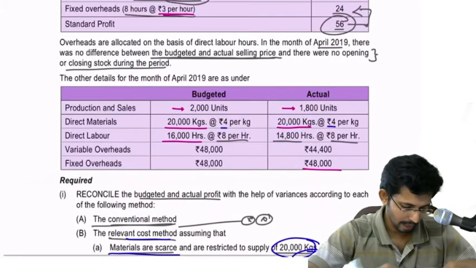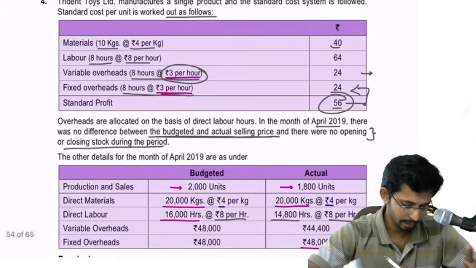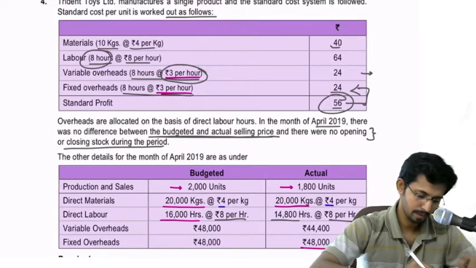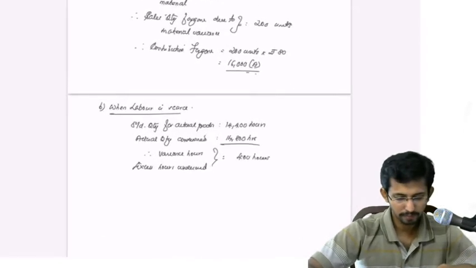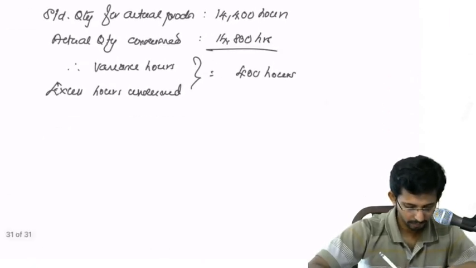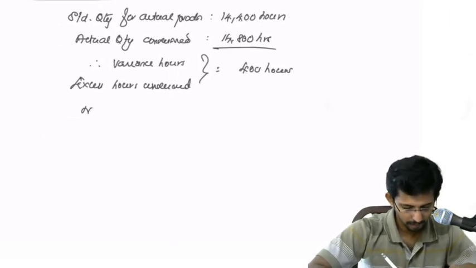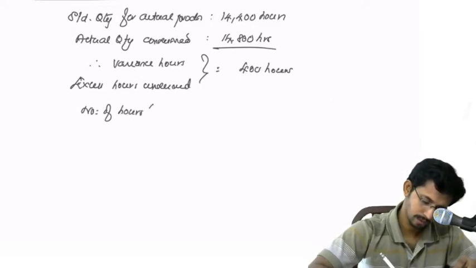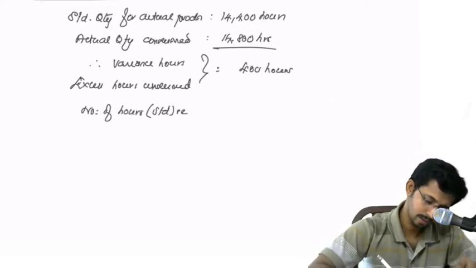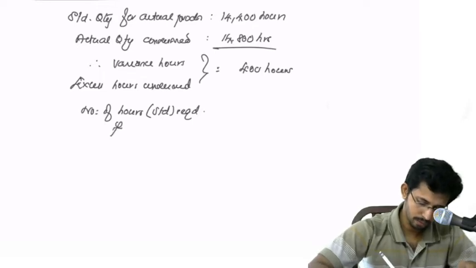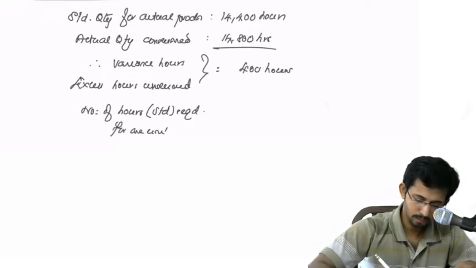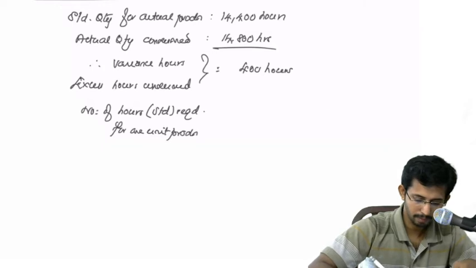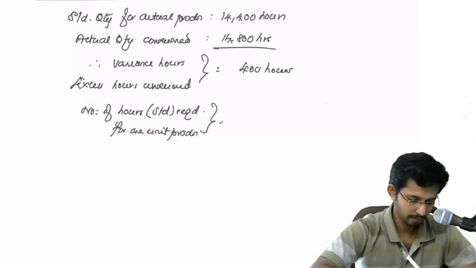Now, if you see the question, we know that for producing 1 unit you require 8 hours. Okay, standard hours required for 1 unit production. How much? It is 8.